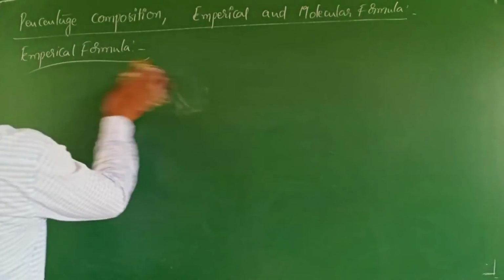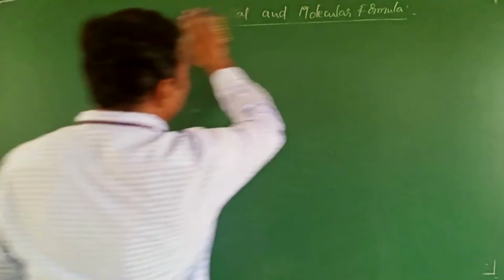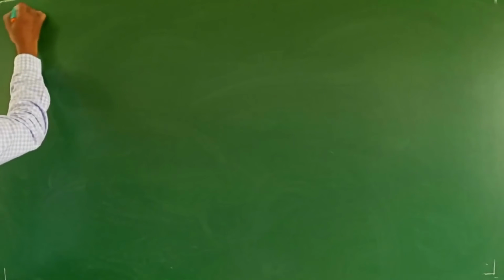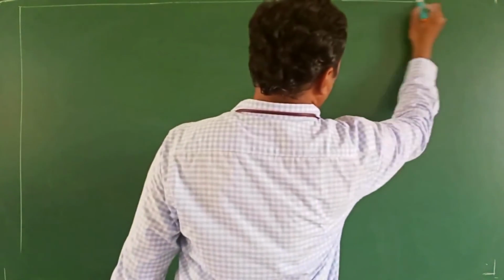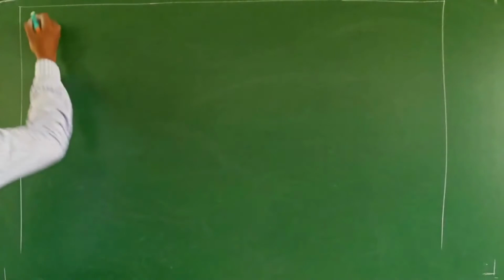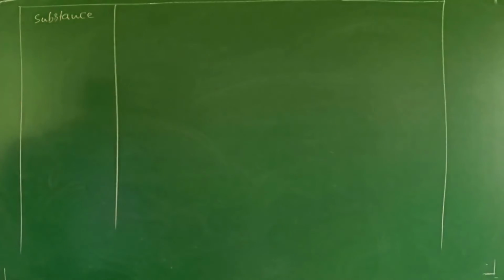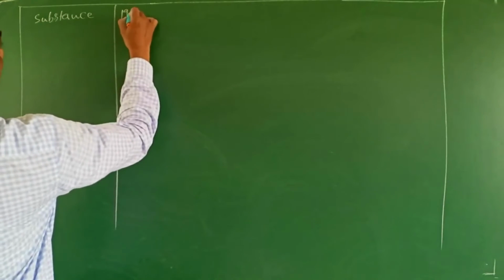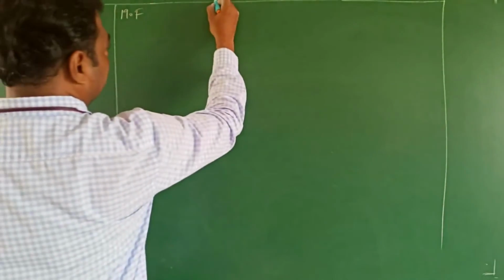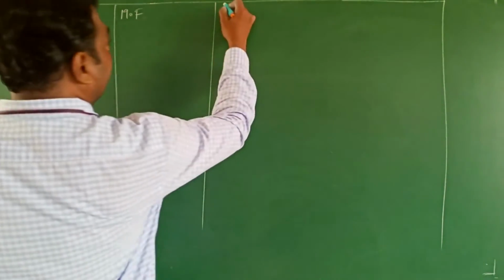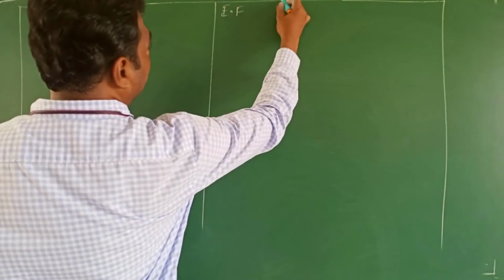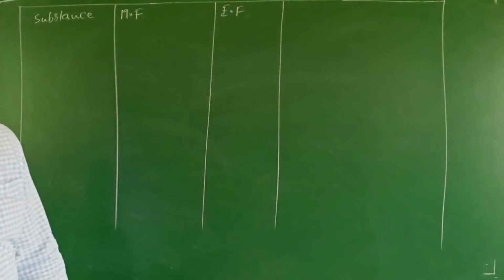Now, students, you draw one tabular form here. There are some important questions which are present. Take here our substance. Next, molecular formula. Next one, empirical formula.